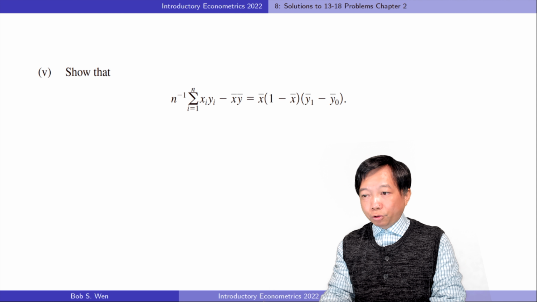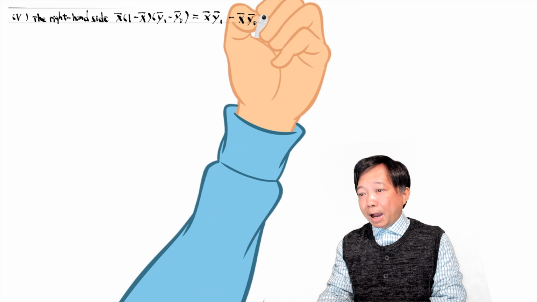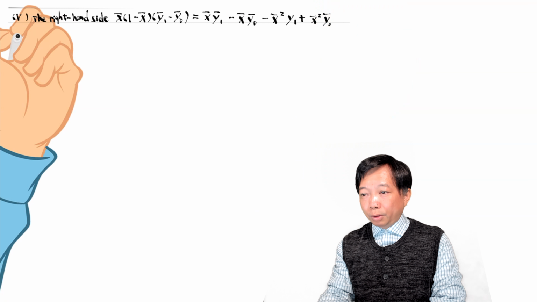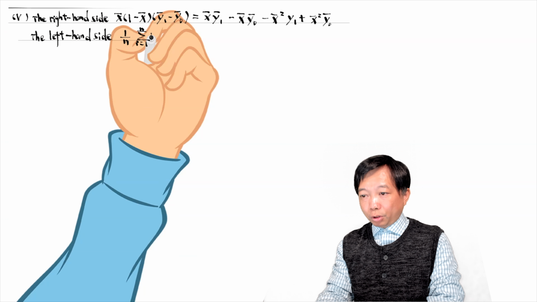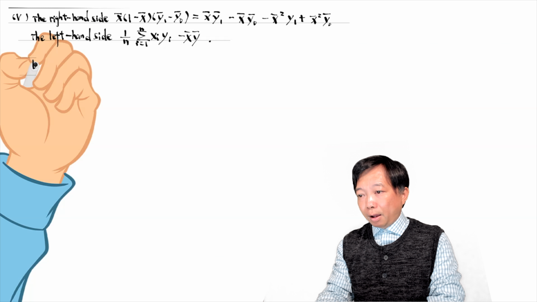In the fifth question, we will show the following equation. I expand the product on the right-hand side to 4 terms. For the expression on the left-hand side, I first focus on the minus x bar times y bar term.